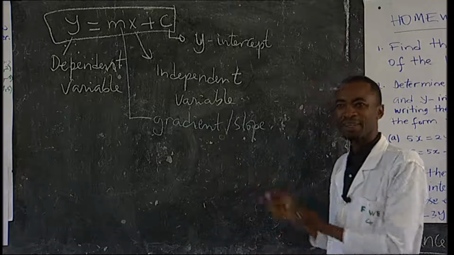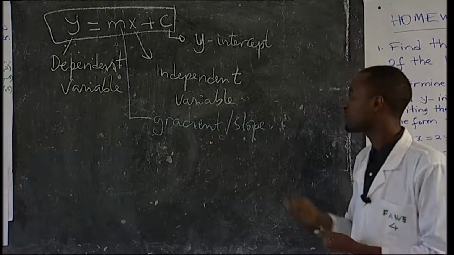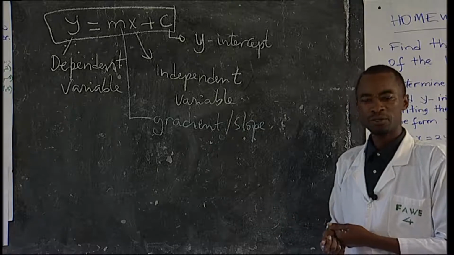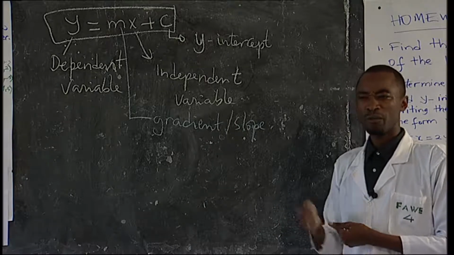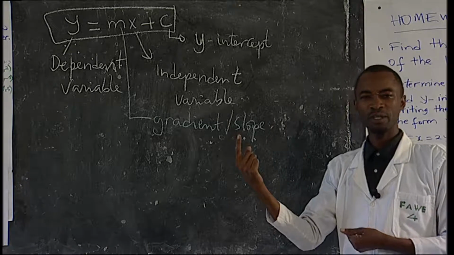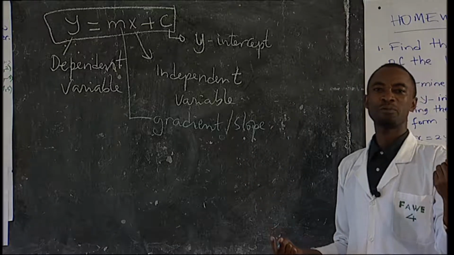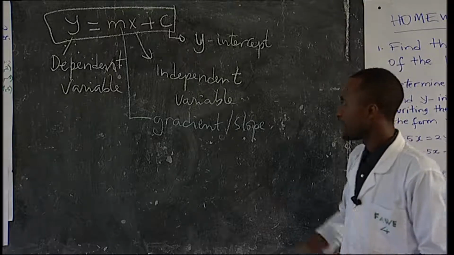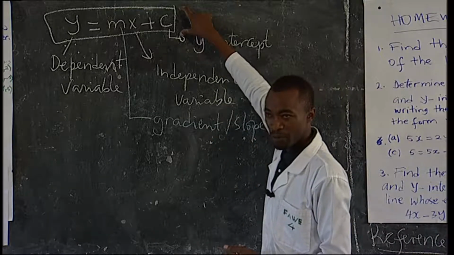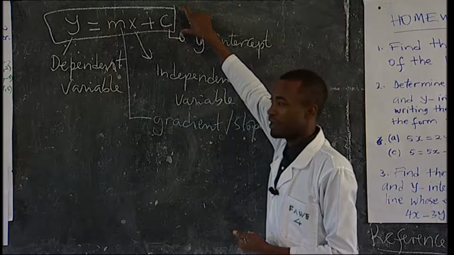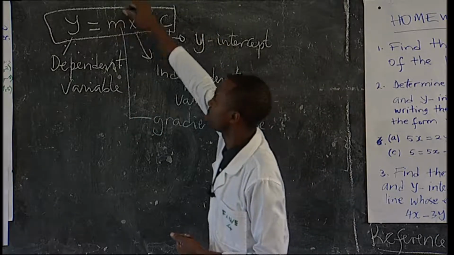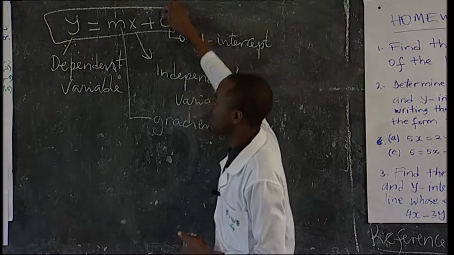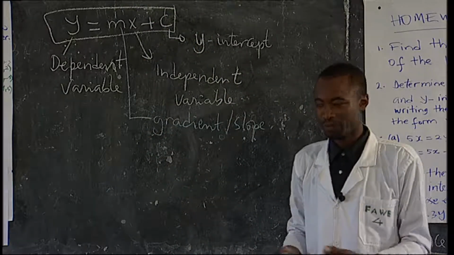When you finish looking at the general form of a linear function, there is also something you have to remember. When do I say linear function and when do I say linear equation? When you have a general form like this one, we call it a linear function. But whenever we have the values of m and of c, we will call it a linear equation.